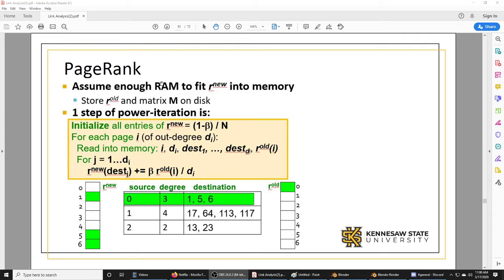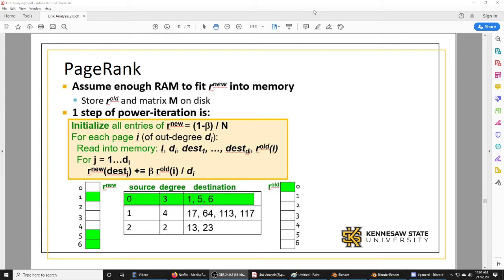For each i, we're going to read into memory i, the degree out, all the different destinations, and then R old. For j is 1 through d i, R new destination j plus equals beta times R old i over the degree d i.